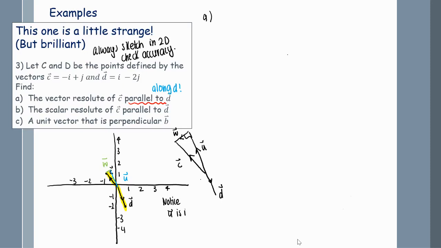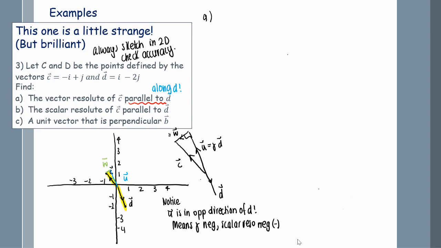Remember the direction of your arrows? U goes to the point underneath C, and then W goes from the endpoint of U up to that endpoint of C. Now, in this case, U is in the opposite direction of D. It is still a scalar multiple of D, so gamma D, but it will just be in the negative direction of D. This will affect our scalar resolute in part B of this question.